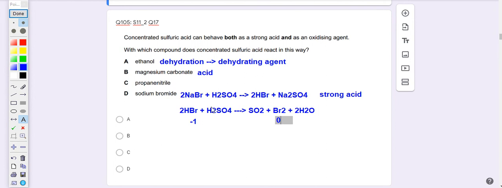That means H2SO4 is actually the oxidizing agent. Therefore, concentrated sulfuric acid can behave both as a strong acid and as an oxidizing agent in the reaction with sodium bromide. So the answer to this question is D.